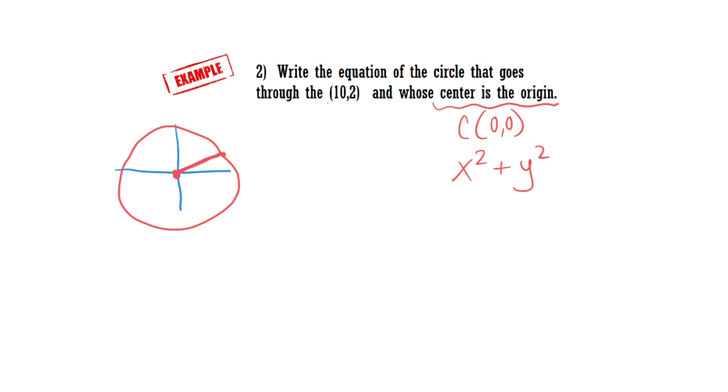So now there's a couple ways to do this. You could do the distance formula between 0, 0 and 10, 2. All right, so then you'd have x minus x, so 10 minus 0 squared plus 2 minus 0 squared.